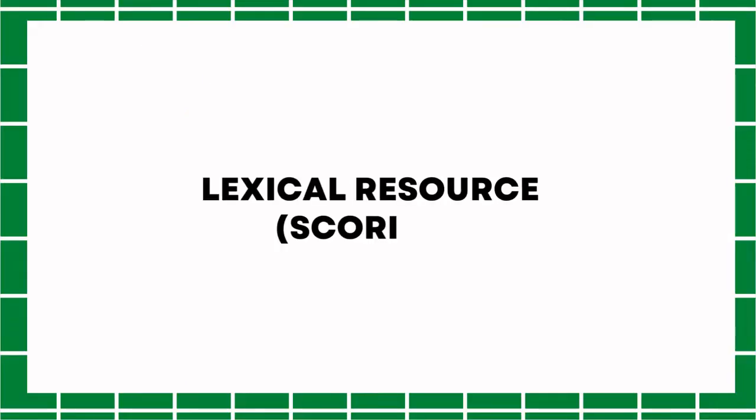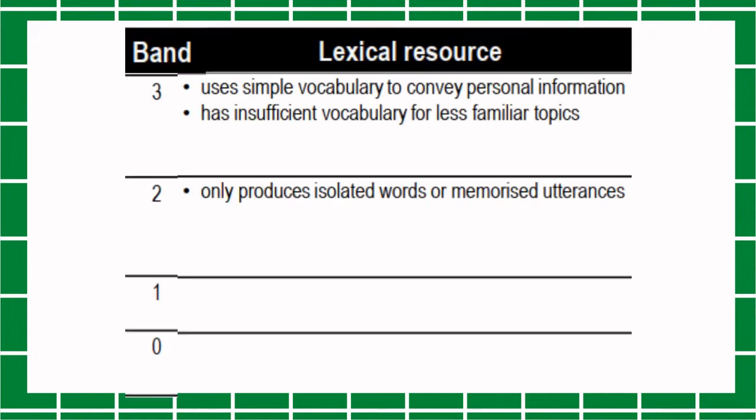Now let's talk about lexical resource. For lexical resource, a candidate will get band 2 if they produce isolated words. Band 3 if they use simple vocabulary to convey personal information and use insufficient vocabulary for less familiar topics.